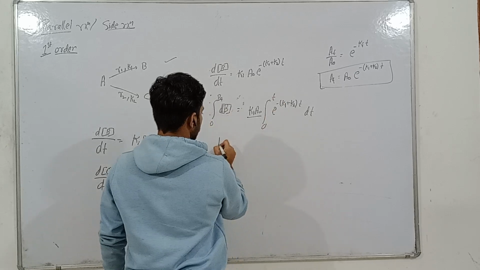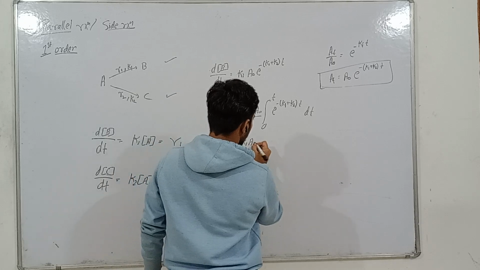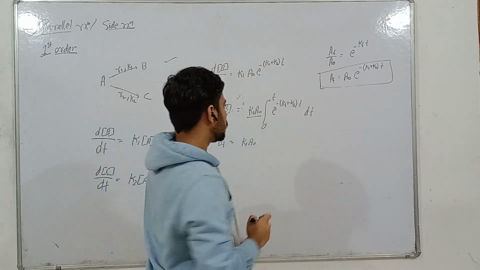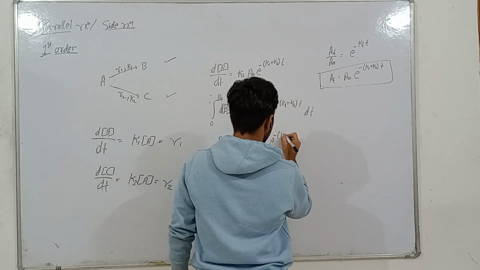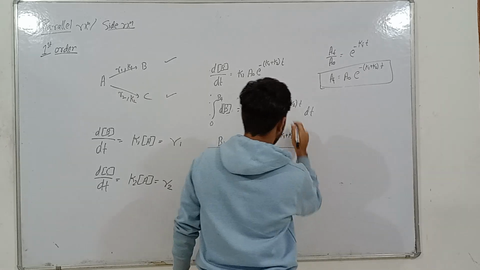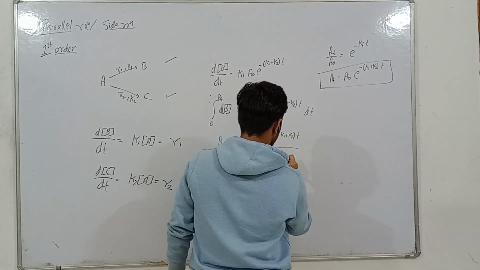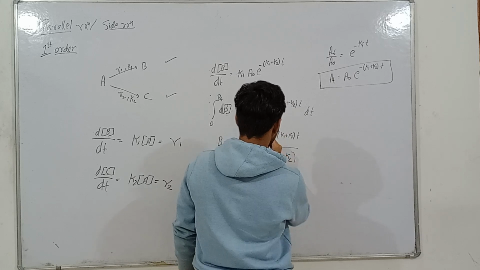So Bt equals K1 A naught times the integral, where the integral of e to the power minus x is minus e to the minus x, upon K1 plus K2.